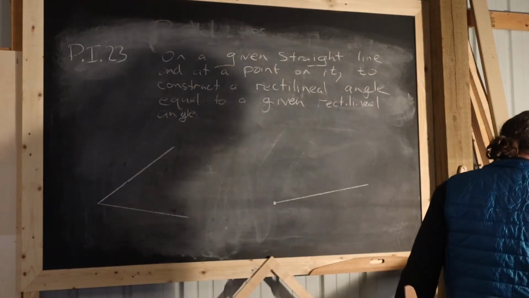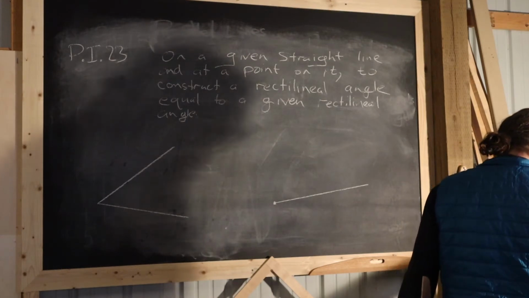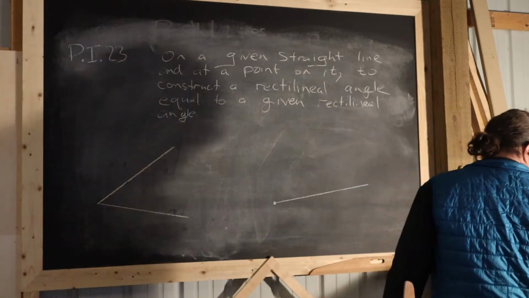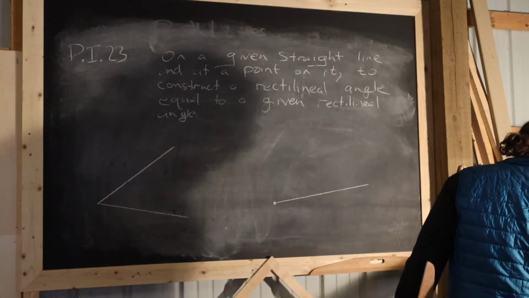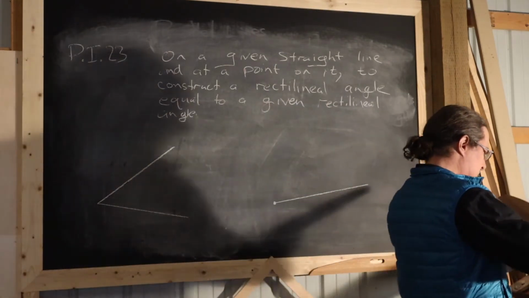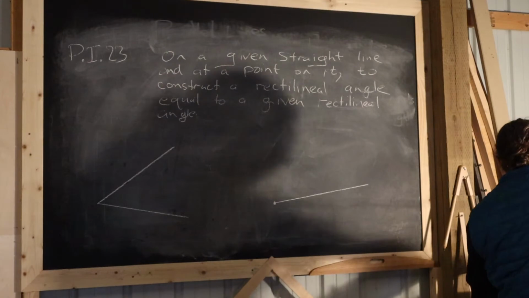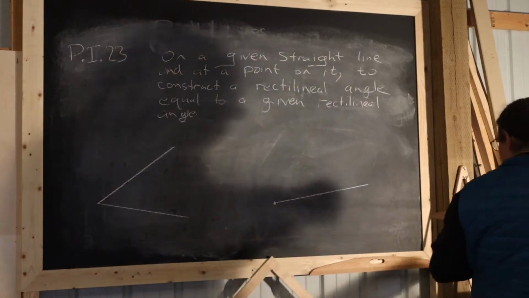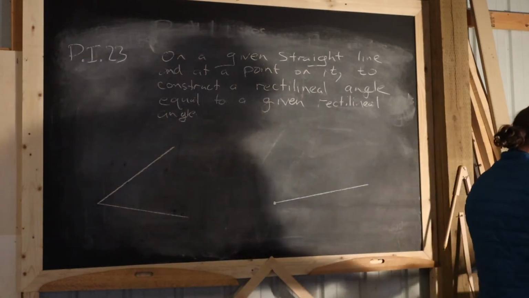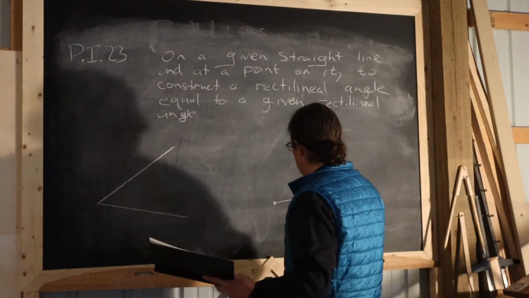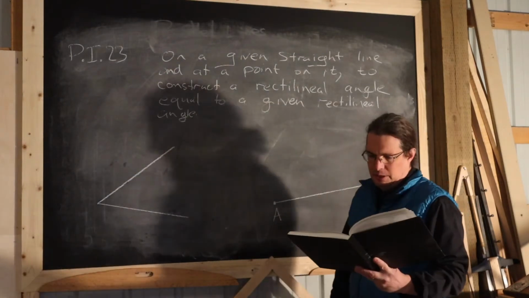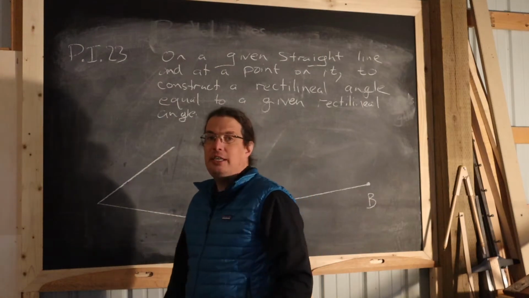Our given angle is going to be ABC. Our given line is going to be CDE.